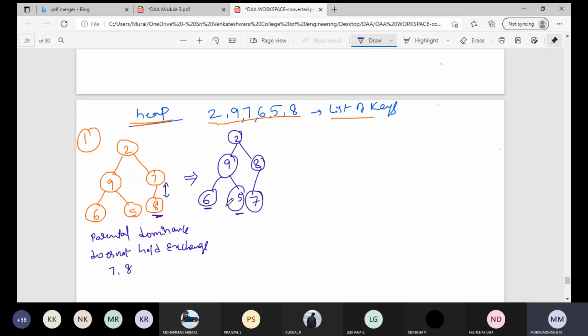The parental dominance for the node 9 holds good from 5 as well as from 6. So no change. Next we will go for the next node. Here we have 8, right? Does it hold for 2 and 8? No, sir. It is not holding, right? You just observe here. For 2 it is 8 and it is 9. Does it hold the parental dominance? No. So no means what we will do?